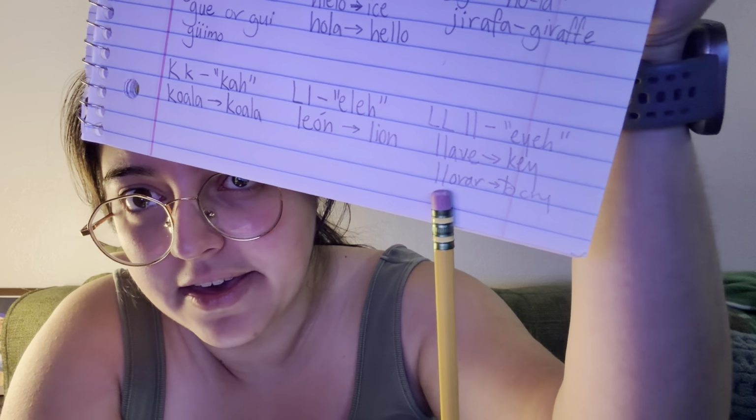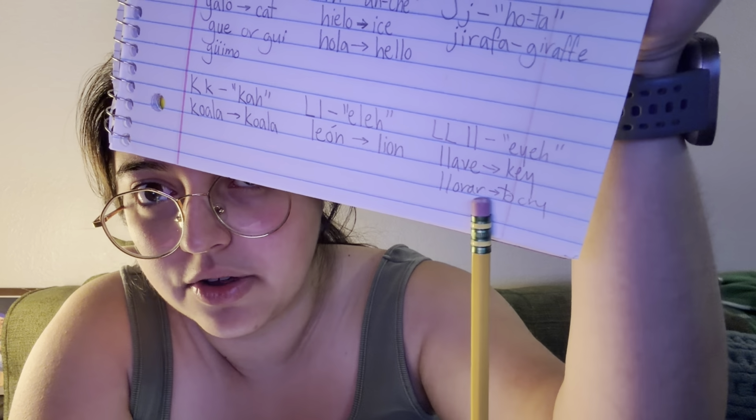Another word with a double L is the word for cry, which would be llorar. Llorar is to cry. And that one's also with the ella, llorar, to cry. Okay.